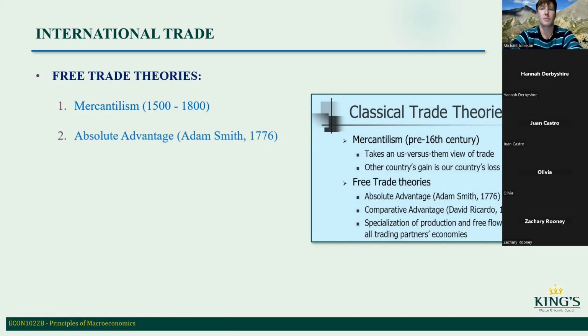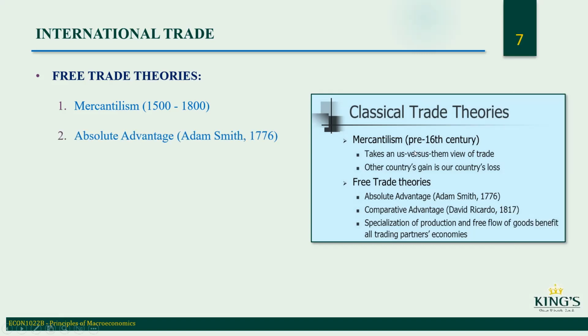So free trade theories and mercantilism, that's when you take an us versus them view of trade. Other countries gain as our country loses. Absolute advantage. So here, this is win-lose, that's mercantilism. Absolute advantage is when one country produces everything.